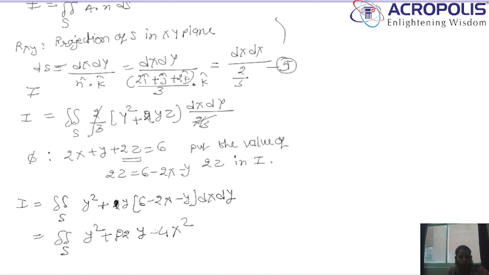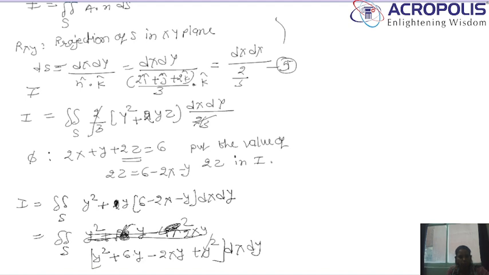So this is 6y, here is 6 minus 2xy. So we can rewrite this equation again in the correct way: y square plus 6y minus 2xy plus y square, dx dy.